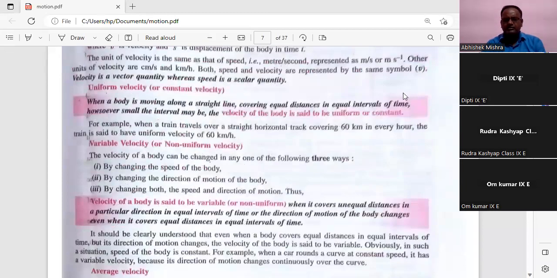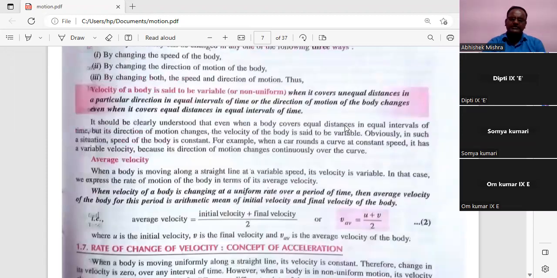Okay, next question to Soumya. Soumya, you can unmute yourself. Soumya, how can average velocity be calculated? The average velocity equals total distance by time taken.